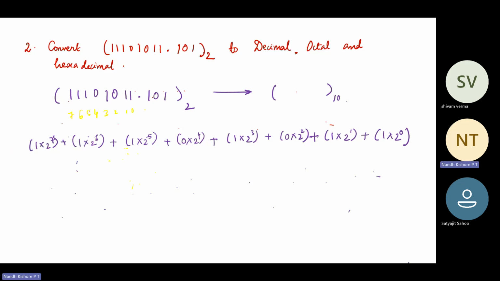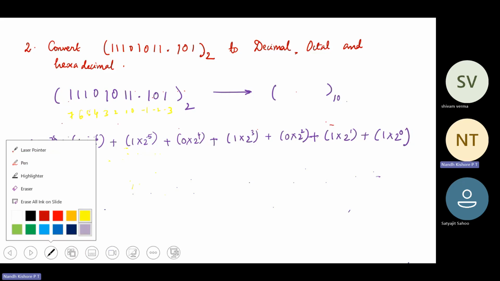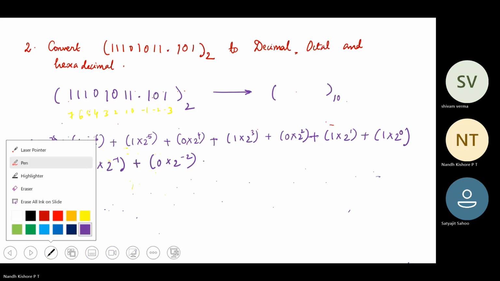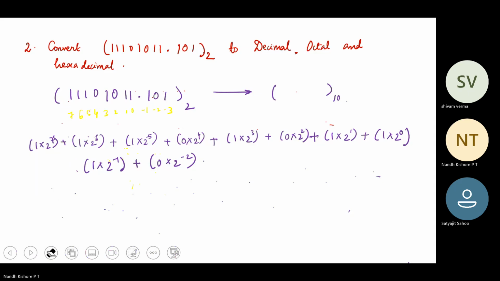And after the point, this would be minus 1, minus 2, minus 3, right? So 1 into 2 power minus 1 plus 0 into 2 power minus 2 plus 1 into 2 power minus 3. Okay. So let's solve this.